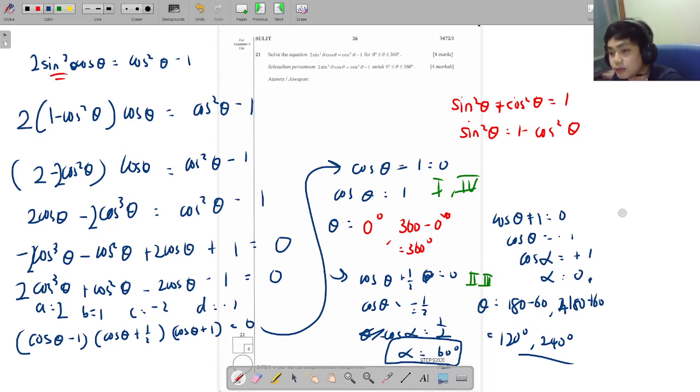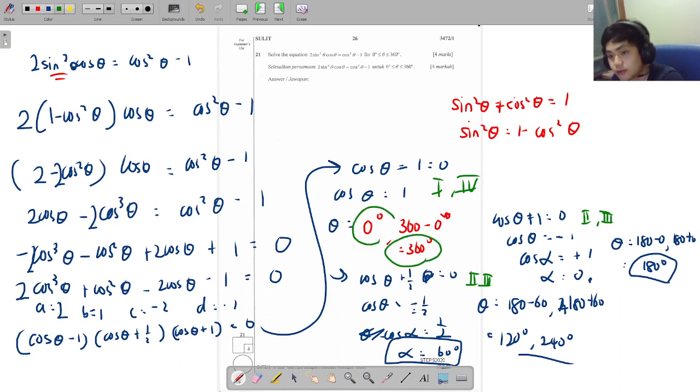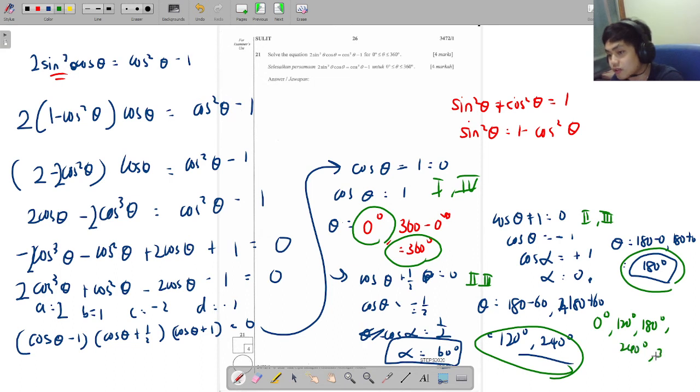Since cos is negative in the second and third quadrant as well, theta equals 180 minus 0 and 180 plus 0, so it's just 180 degrees. From here, we have 5 answers: 0 degrees, 120 degrees, 180 degrees, 240 degrees, and 360 degrees.